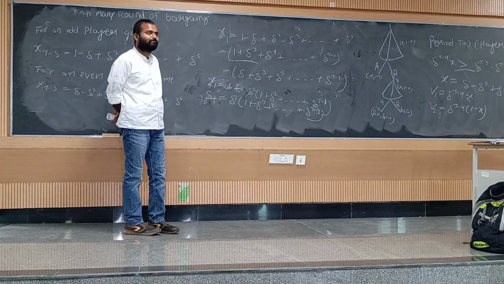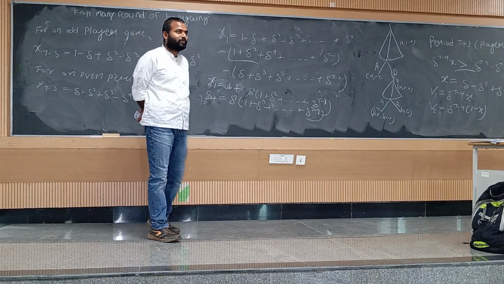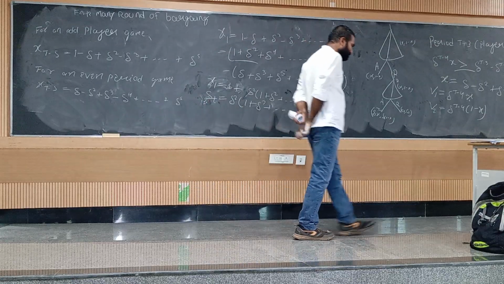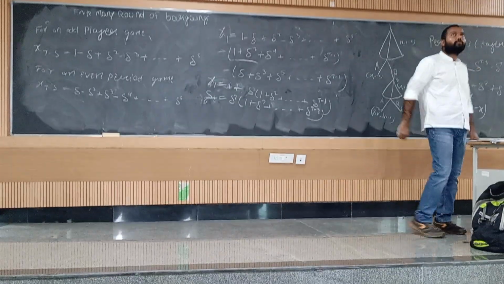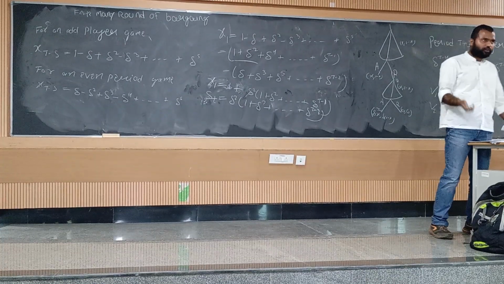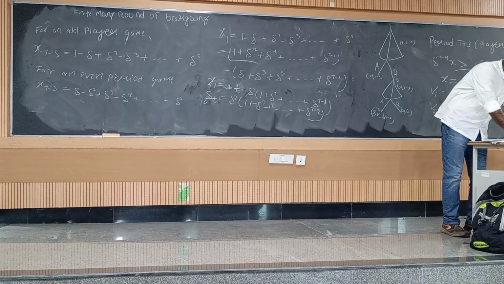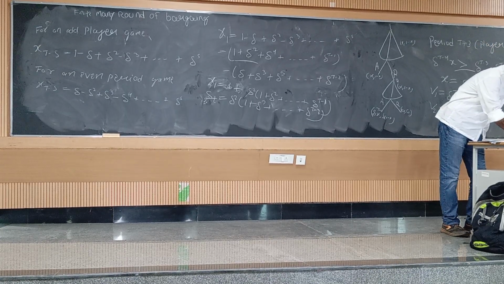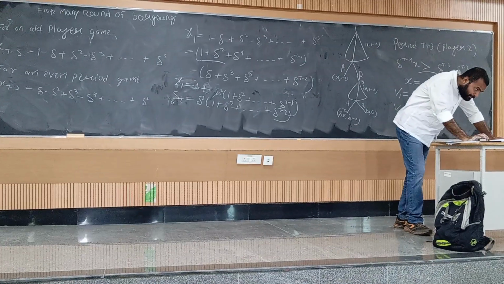We know the formula: a upon 1 minus r. That's for an infinite game. It's not an infinite game. So a into 1 minus r to the power n upon 1 minus r. You try to solve it. T minus 2 by 2. I've given you 1 plus delta square, even times.